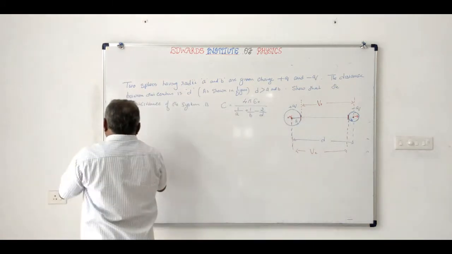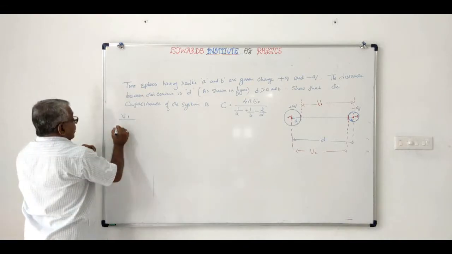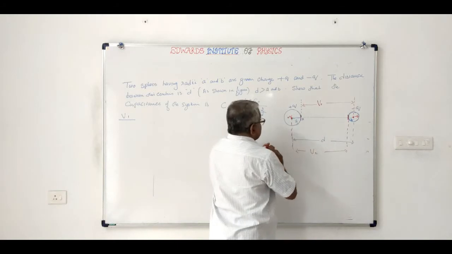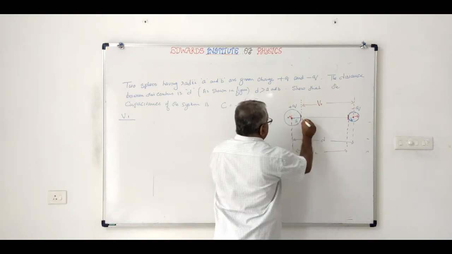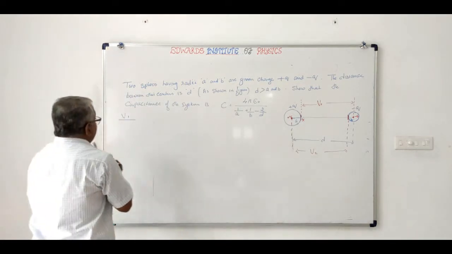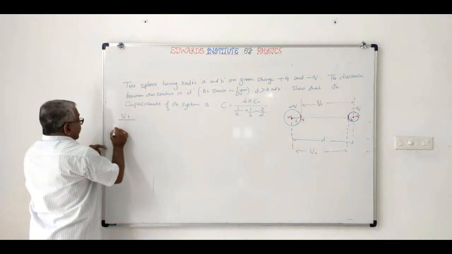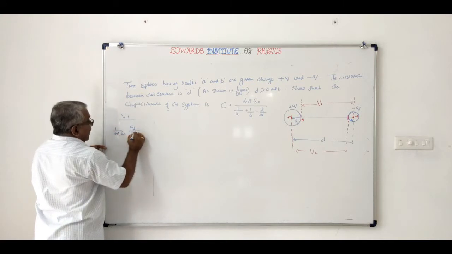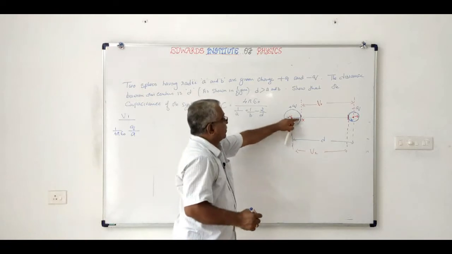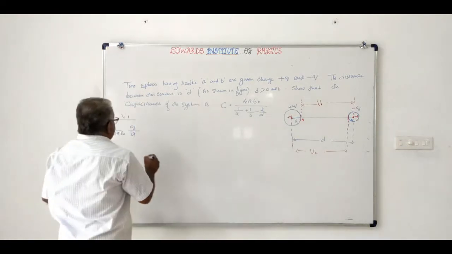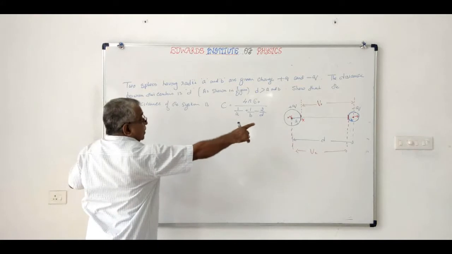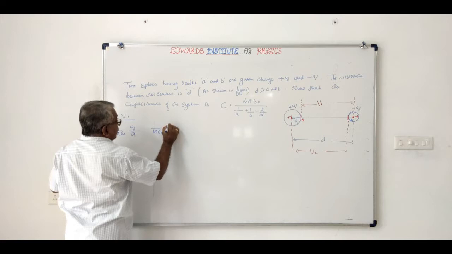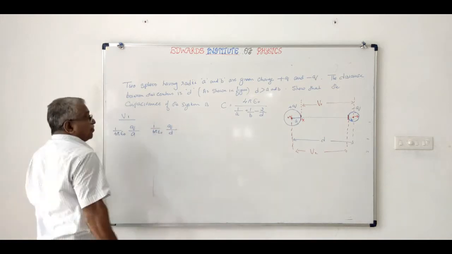What is the potential at this point? Say X. Let it be X. The potential at X will be 1 by 4 pi epsilon 0 times Q by A, where A is the radius of the sphere, this distance A. And the potential at the other point will be 1 by 4 pi epsilon 0 times Q by d.